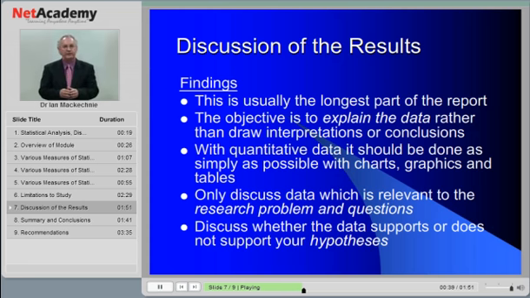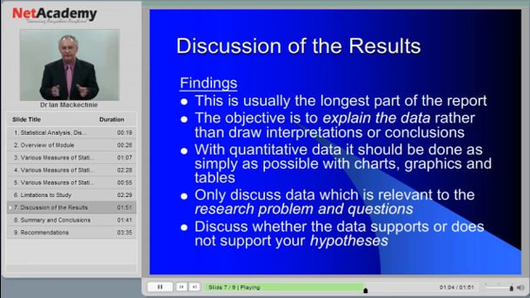In presenting these findings, in presenting our data, it's a good idea to use charts and graphics and tables and make our presentation as simple as possible. Only discuss data that is relevant to your research problem and questions.